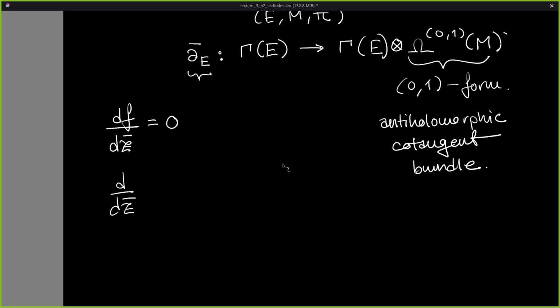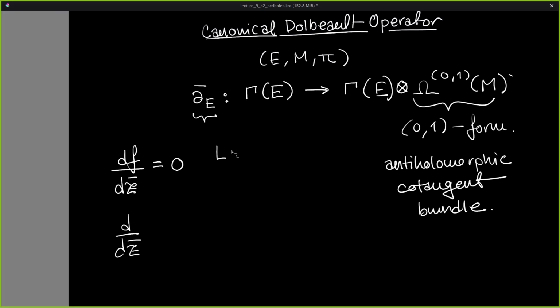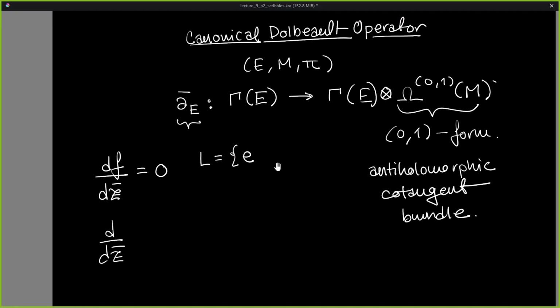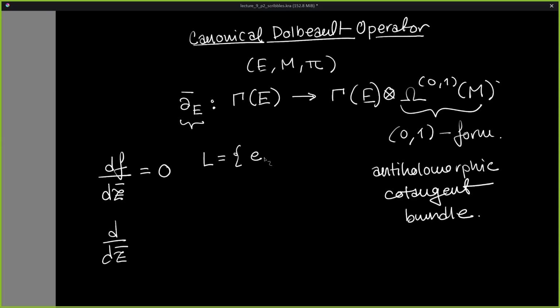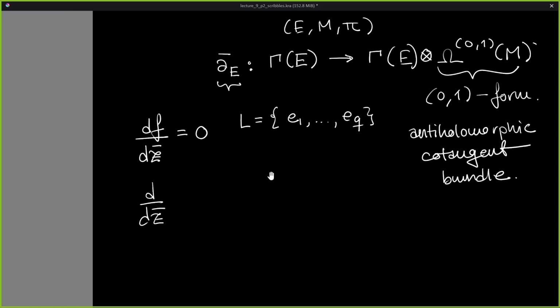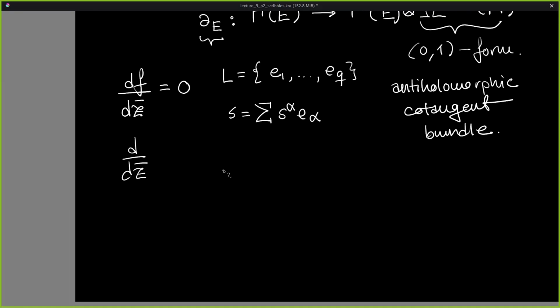In a specific holomorphic local frame field, let's say our holomorphic local frame field is L equal to e_1 to e_q, and S is equal to S alpha e_alpha. In that case, partial bar E of S is equal to partial bar of S alpha tensor e_alpha.